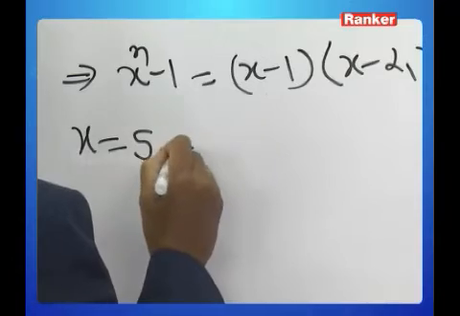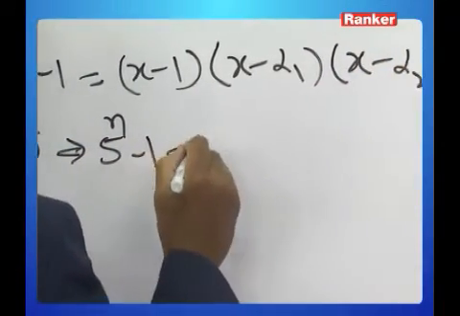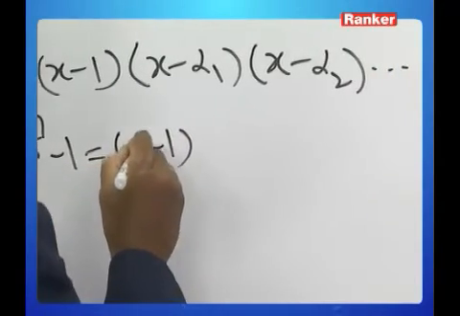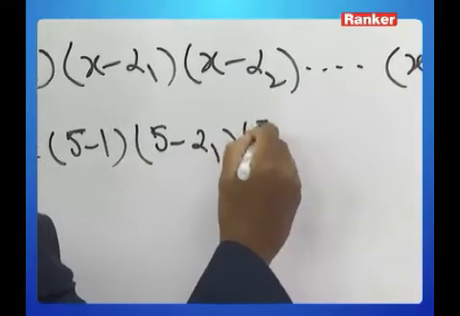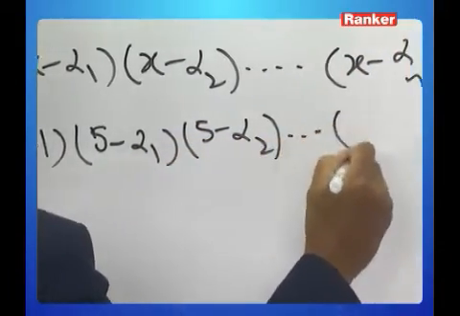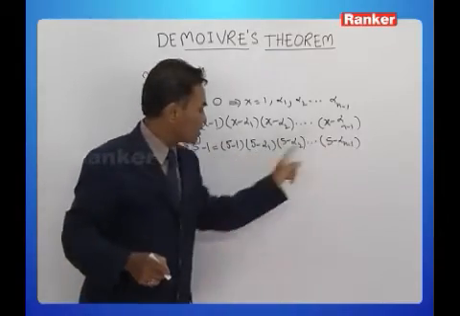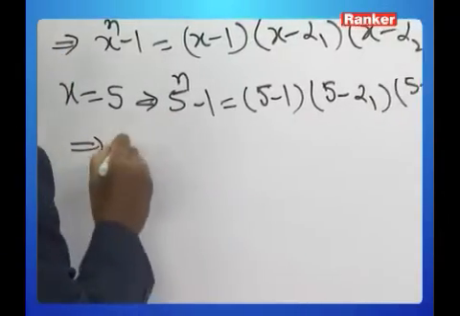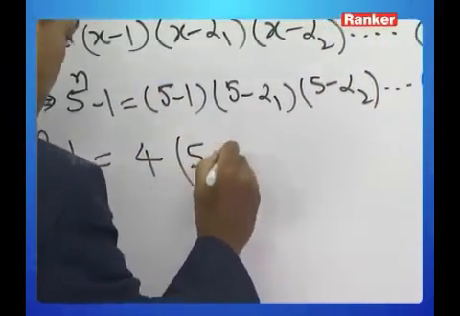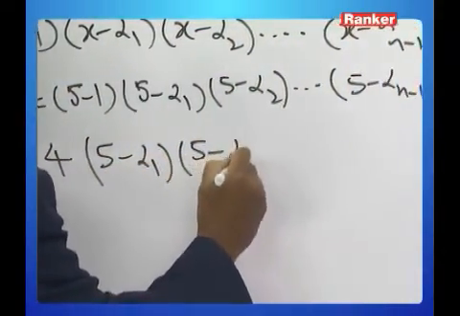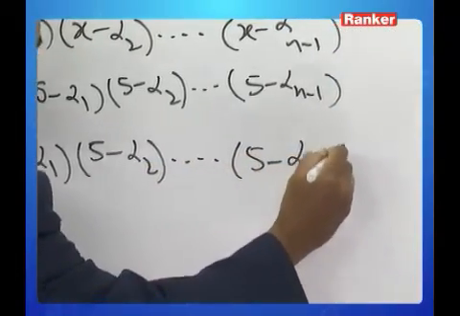If we put x is equal to 5, we get 5 to the power of n minus 1 is equal to 5 minus 1, into 5 minus alpha 1, 5 minus alpha 2, so on up to 5 minus alpha n minus 1. But we want only the value from here to here. This is 4. So, you can write 5 to the power of n minus 1 equals 4 times 5 minus alpha 1 into 5 minus alpha 2 up to finally the nth root 5 minus alpha n minus 1.